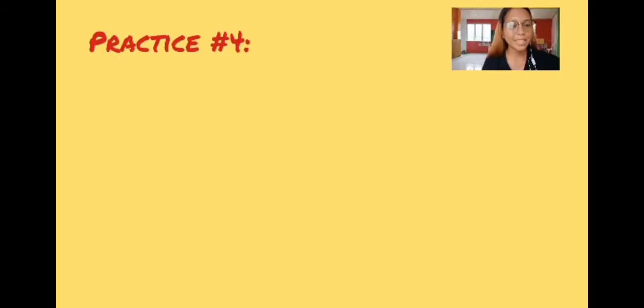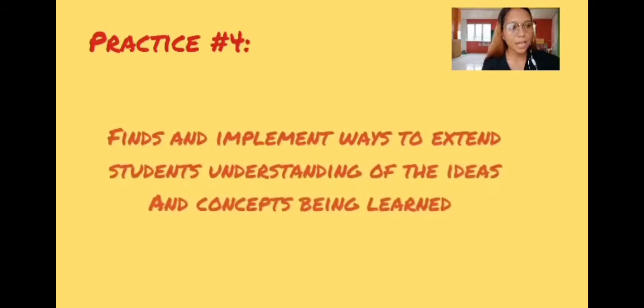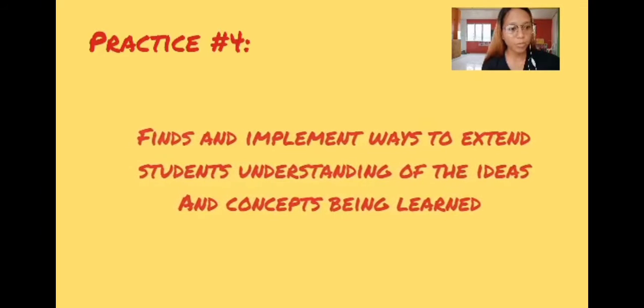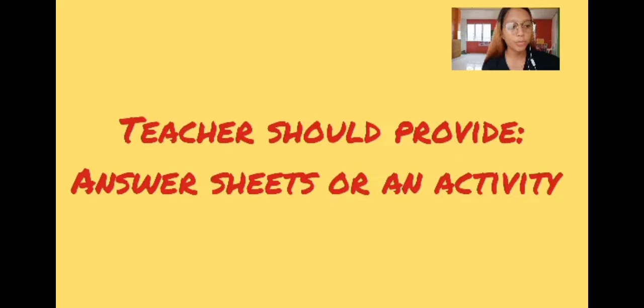So let's start. Practice number 4: finds and implements ways to extend a student's understanding of the ideas and concepts being learned. Some ways of doing that is the teacher should provide some answer sheets or an activity before and after the discussion.